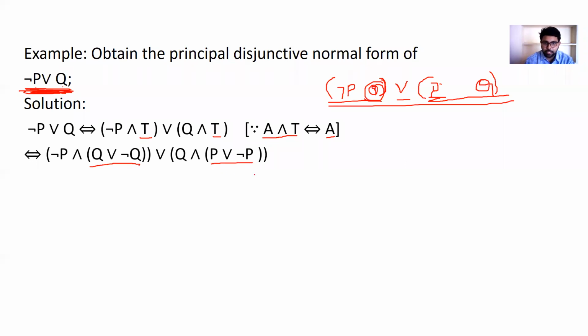P or negation P. Why am I writing this? This is a law we have already read. P or negation P is equivalent to true, and Q or negation Q is equivalent to true.